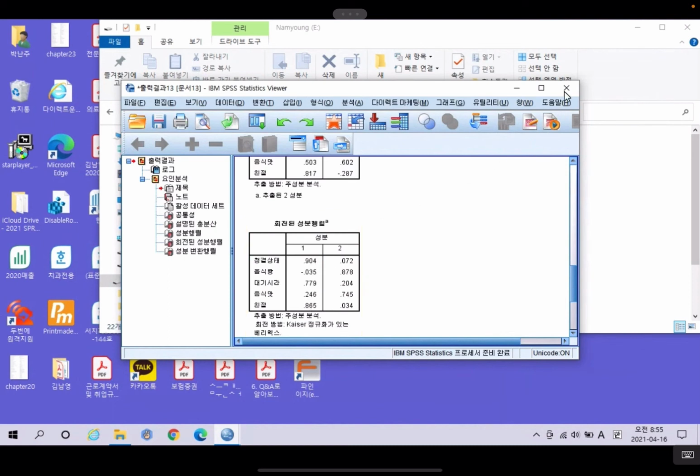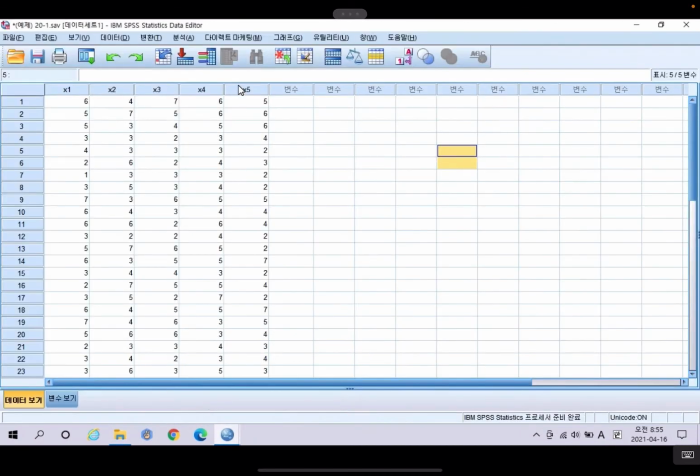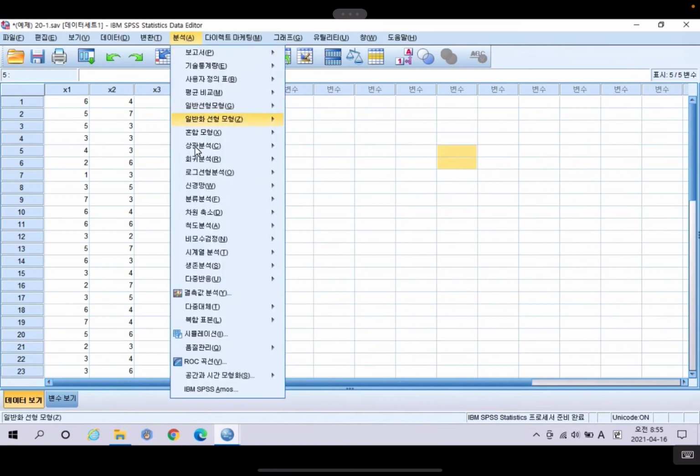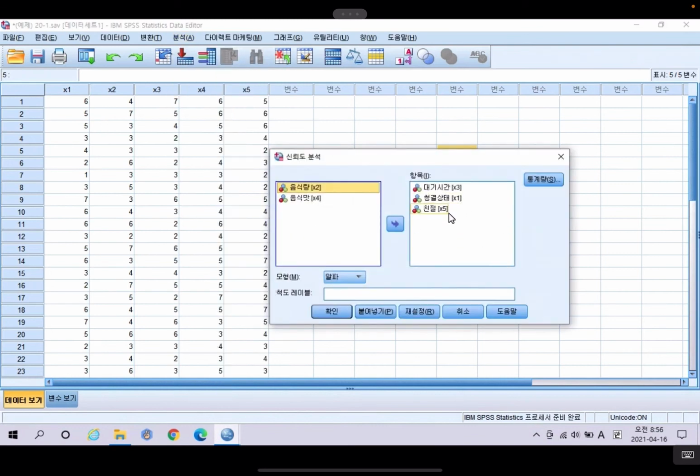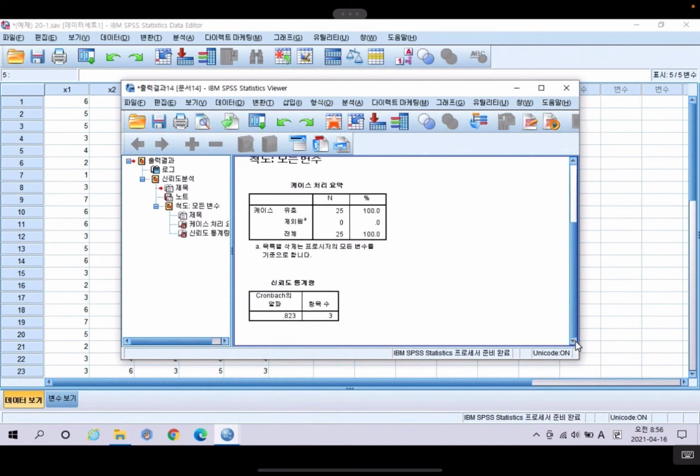Once you find that, you go to the analysis and go to the reliability, right? And move 1, 3, and 5 to the right, and you click this one, and you get the Cronbach alpha 0.823, right? This is how you get the Cronbach alpha, right?